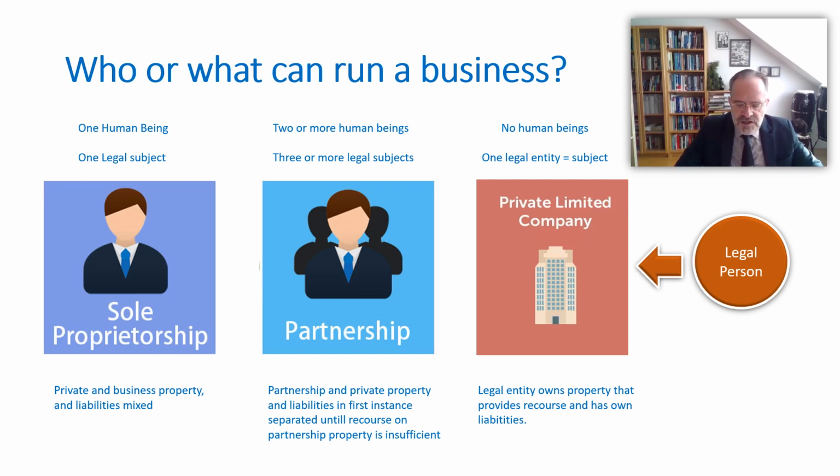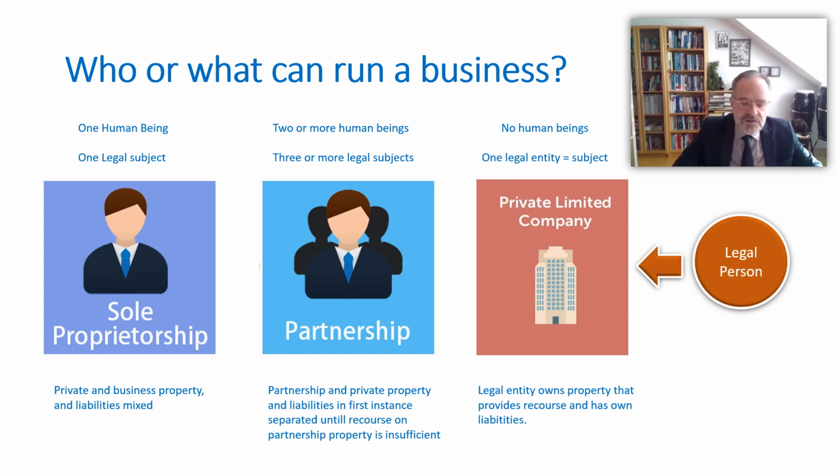Now, the situation in legal systems is different, but the situation may be that creditors of the partnership can take recourse on the partnership property, and if that turns out to be insufficient, they can move towards the private property of the partners to get recourse for what they are entitled to by selling private property of the partners and use the proceeds to settle the debts.